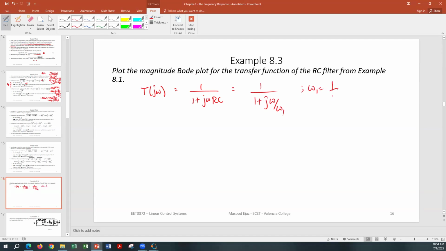Omega 1 is 1 over RC, which is the cutoff frequency. So if you want to plot the Bode plot for this, versus omega, the magnitude of T of j omega in decibels.